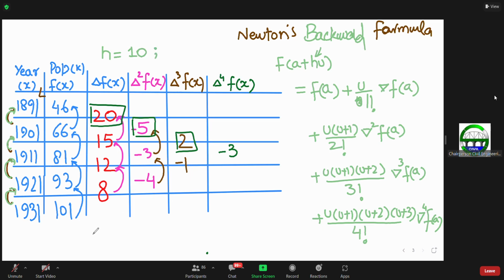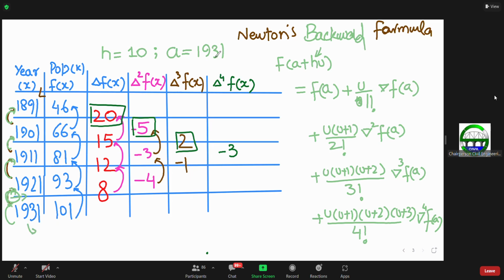And can anyone tell me what will be the value of a? The value of a will be 1931. Because now we are going upward, we have to find the value somewhere here. So we are going in upward, backward side. So we will take this one 1931 as a base.